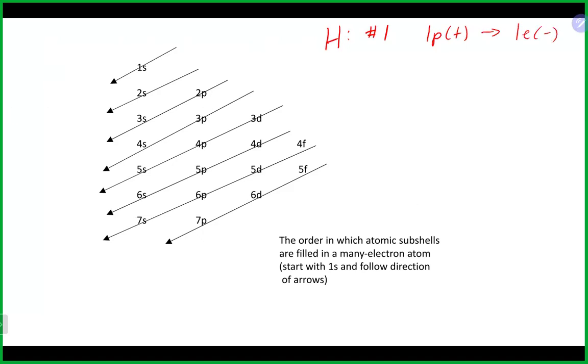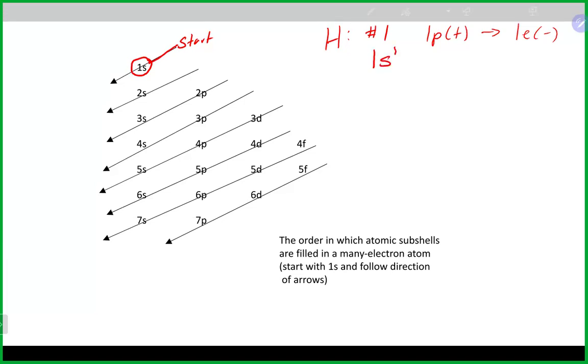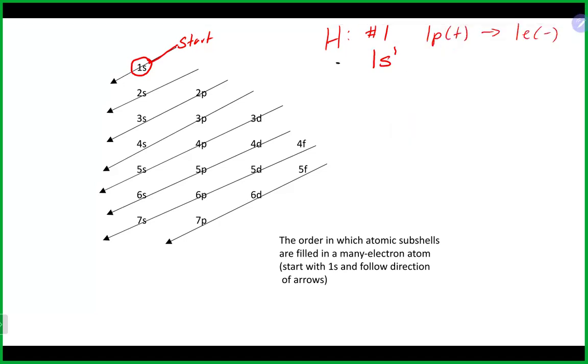So here's our chart, and we're going to write our electron configuration. Once again, we always start here 100% of the time. We're going to roll this way, and the very first orbital we hit is on that first energy level, and it would be referred to as 1s1. That would be the electron configuration for our hydrogen. The first number is the n number, or the energy level, the principal quantum number.